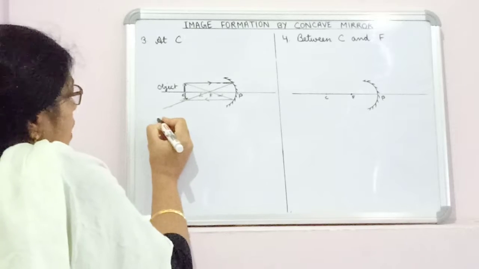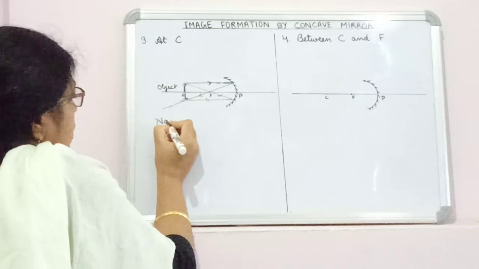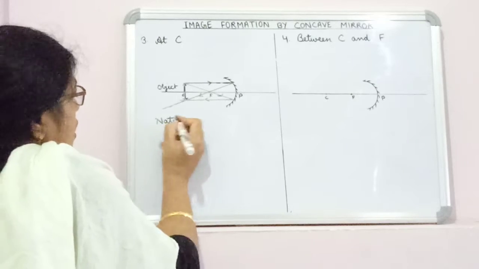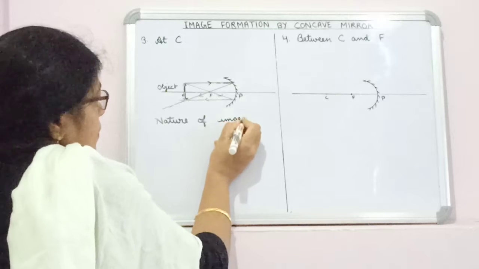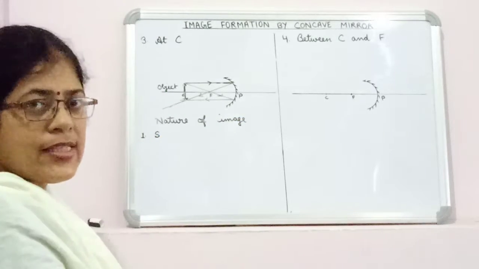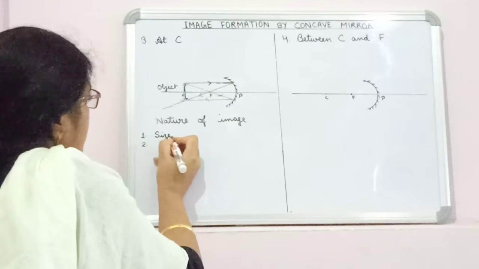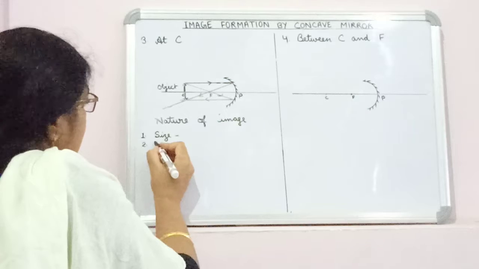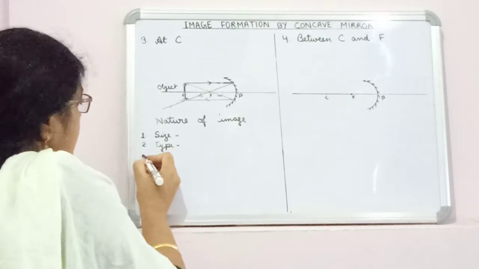Now we can write the nature of the image, and we have to write 4 points. The first point is S, which stands for size. Second is T, type.